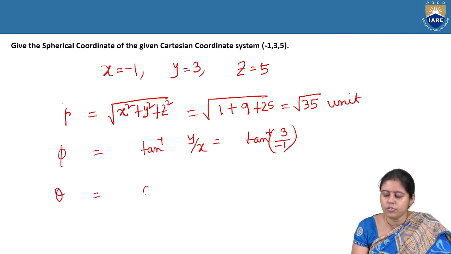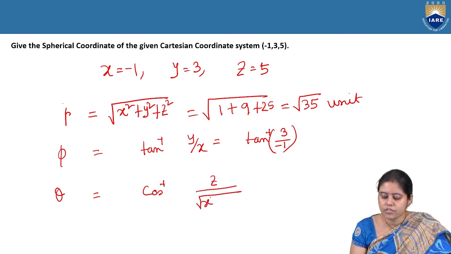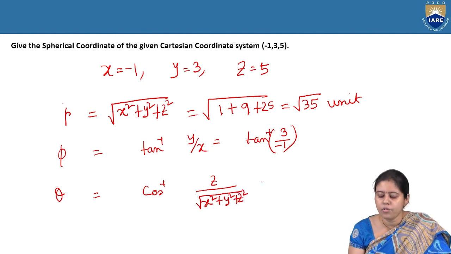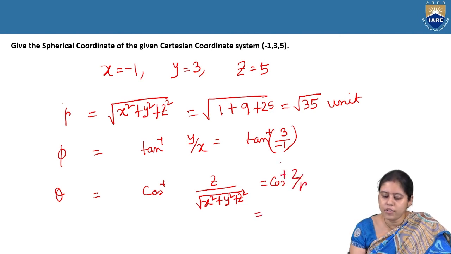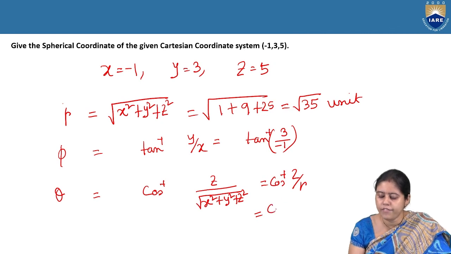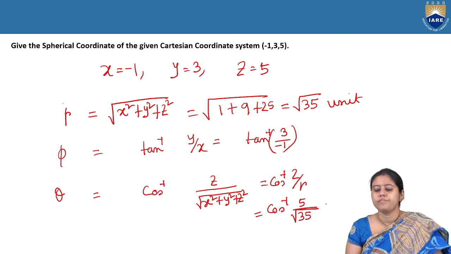Theta is equal to cos inverse z by r. Z is 5 and r is root 35.